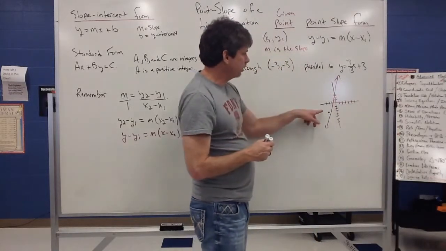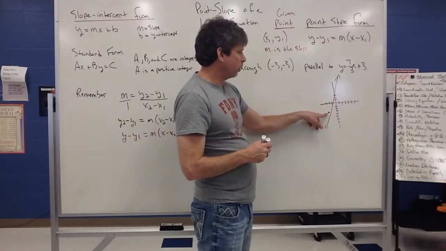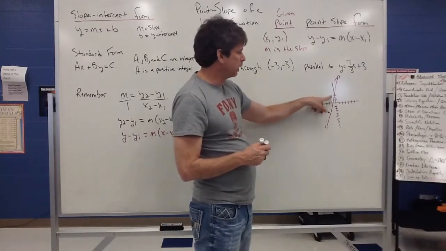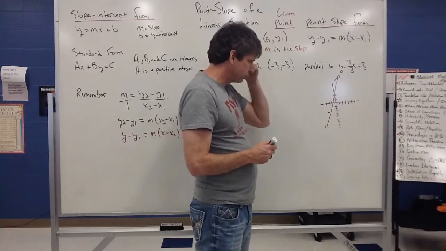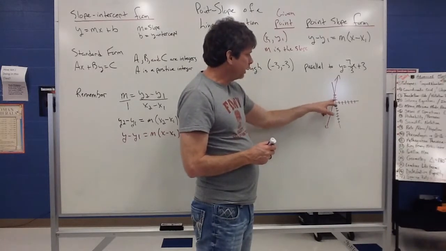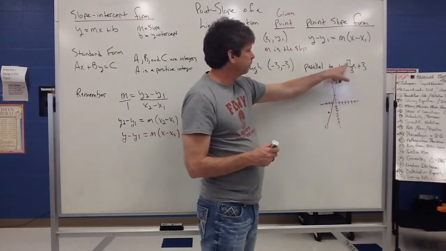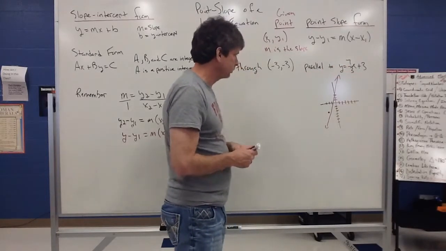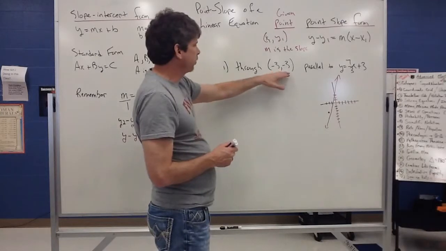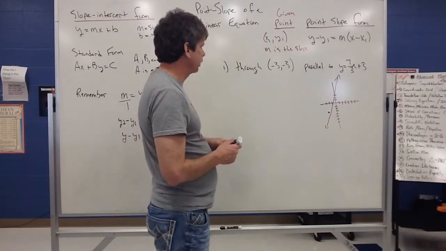So what we're trying to do is write an equation of the line that passes through that point and is parallel to the given line. So the only thing we need out of this line is really just the slope. That slope is 7/3. And we have this given point of -3, -3.